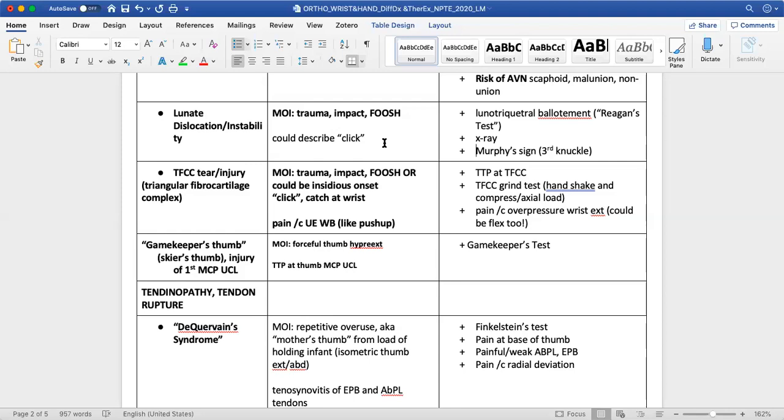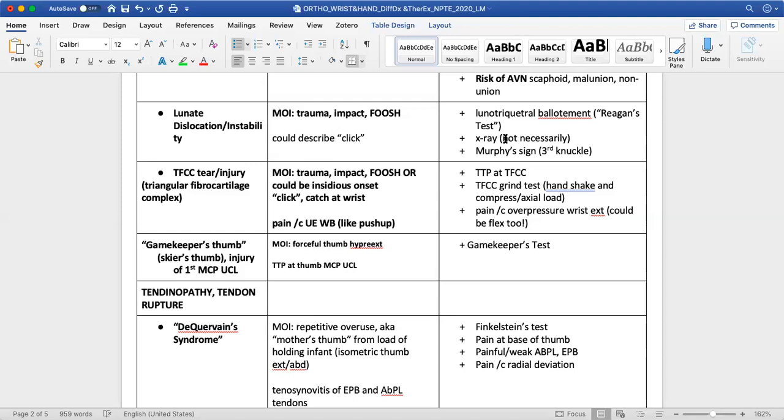Positive special tests for this particular injury include the lunotriquetral ballottement, which is just stressing that lunotriquetral ligament, so assessing movement at the lunotriquetral joint, between the lunate and the triquetrum. Positive X-ray, not necessarily, because again, this is a soft tissue structure. It's a ligamentous structure, so it might not show up on X-ray, but it might.